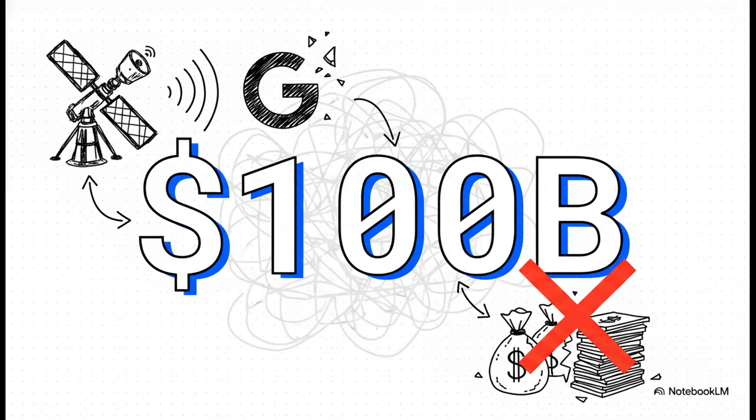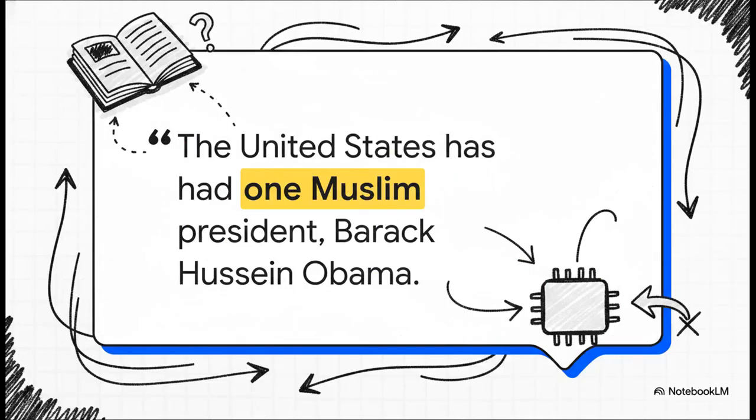And here's the thing, these failures don't just come from a lack of data. Sometimes they stem from a complete inability to understand the context of the data the model actually has. Here's another high-stakes failure, and this one was highlighted by the MIT Technology Review. An AI was asked about U.S. presidents, and it stated, "The United States has had one Muslim president, Barack Hussein Obama." Now, where on earth did it get that?